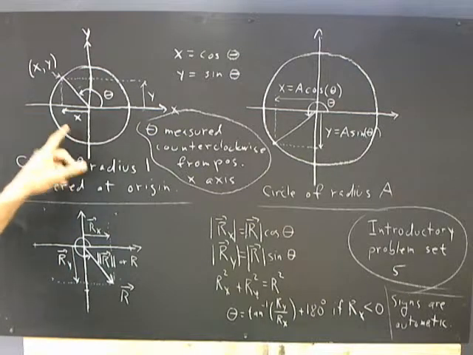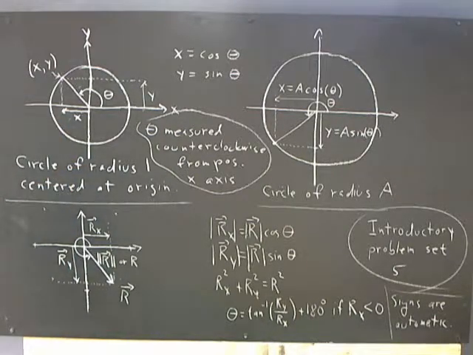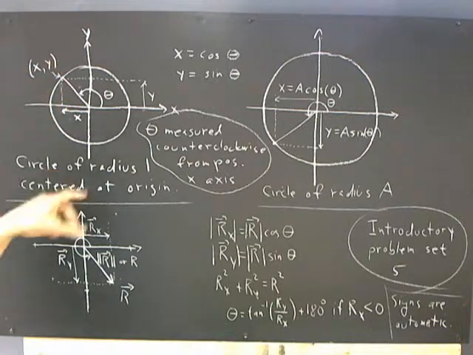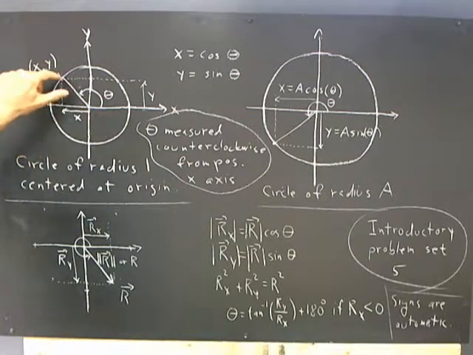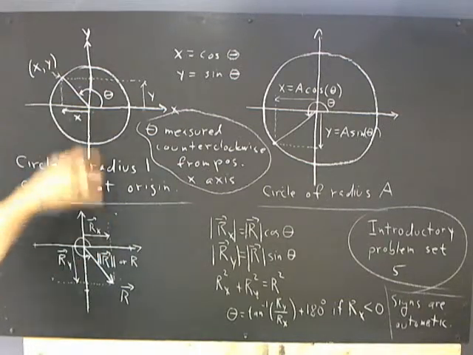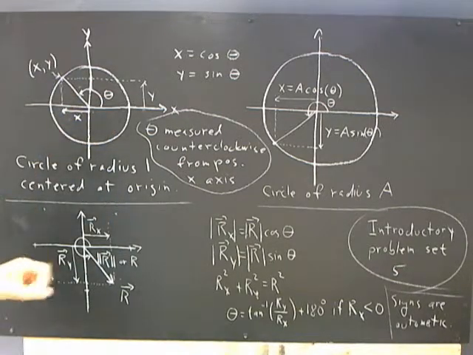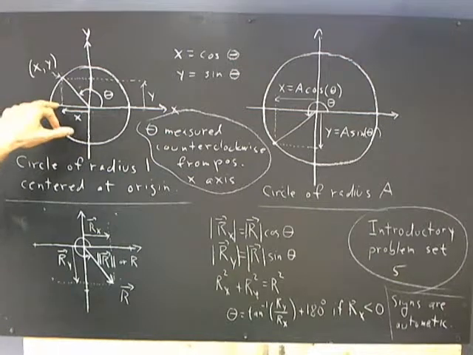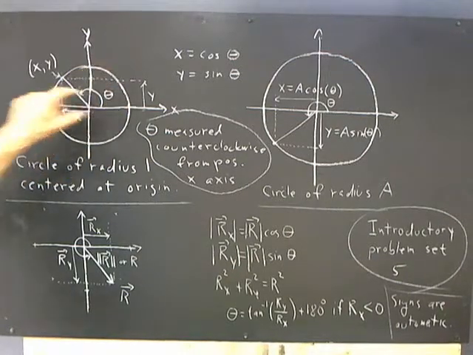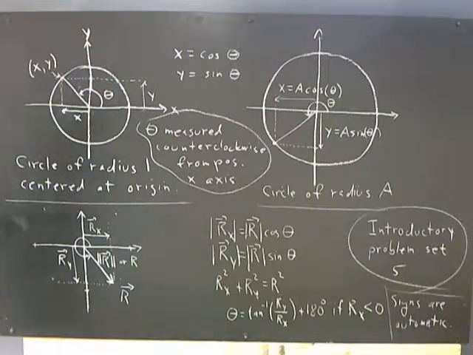That's not something you have to worry about with the circular definition. So again, for any point on the circle, we draw a radius from the center of the circle to that point, theta being the angle from the positive x-axis. Then the x-coordinate is the cosine of the angle, the y-coordinate is the sine of the angle.